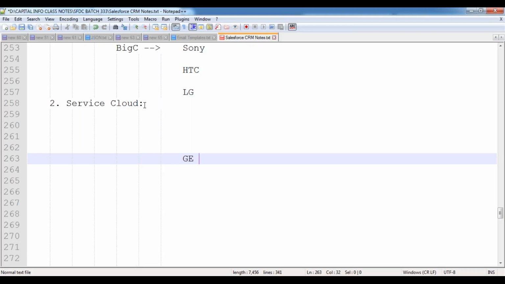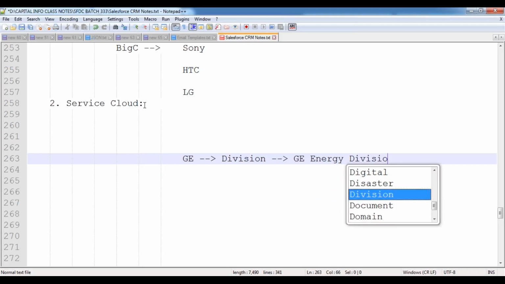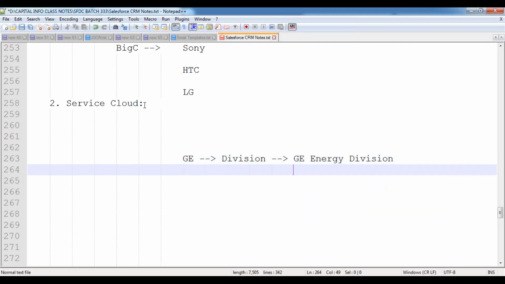Are they into banking, finance, manufacturing, or what? Basically, GE has various divisions. They have GE Energy Division. As part of the Energy Division, they are manufacturing various electrical related products.